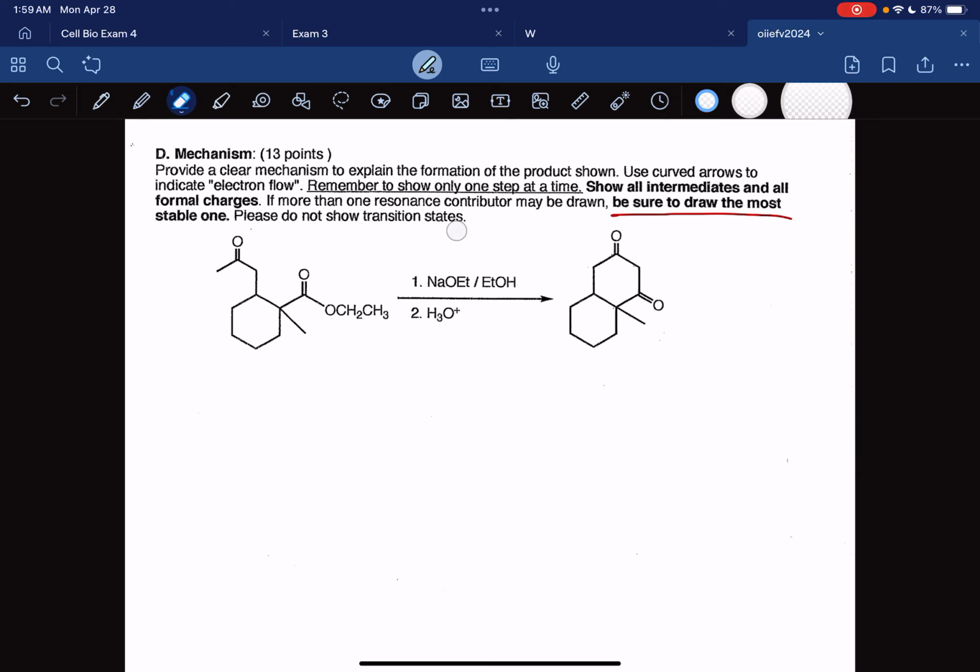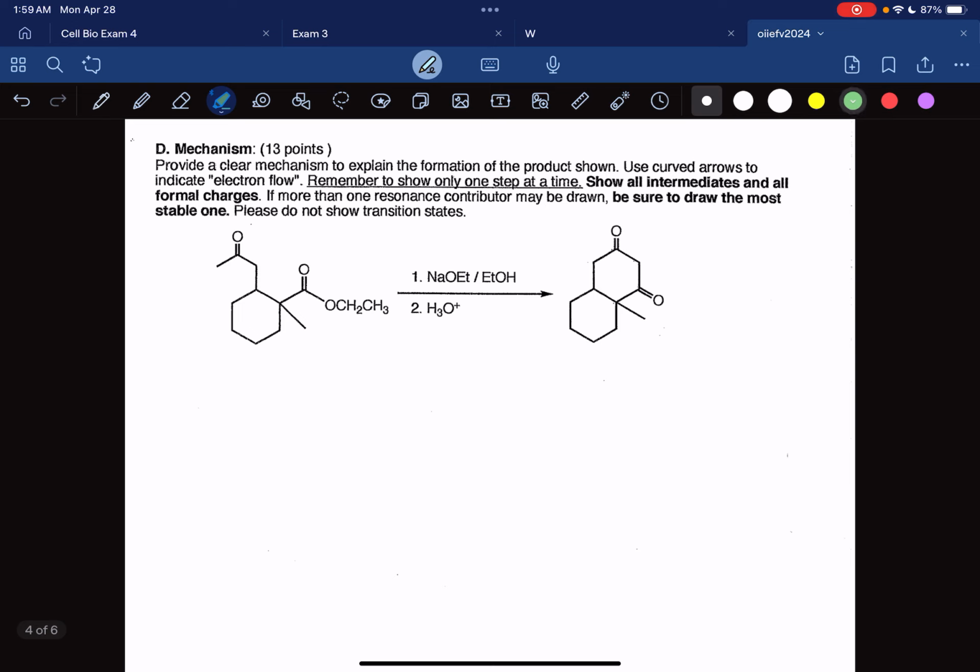But on the final exam, the biggest thing to do is look at your product and work backwards a little bit. What I mean by that is, if you look at this ring in yellow, you can spot that exact ring right here. Then if you look at this methyl in green, you can spot that right there.